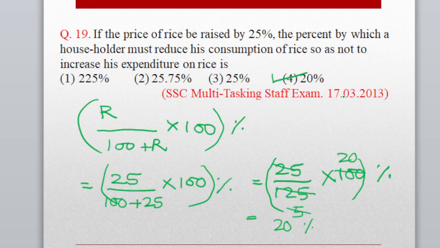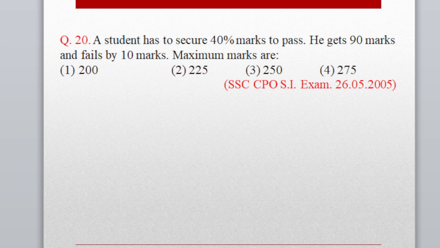Now next question, that is question 20. A student has to secure 40% marks to pass. He gets 90 marks and fails by 10 marks.